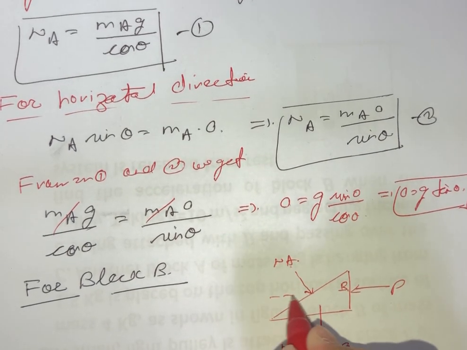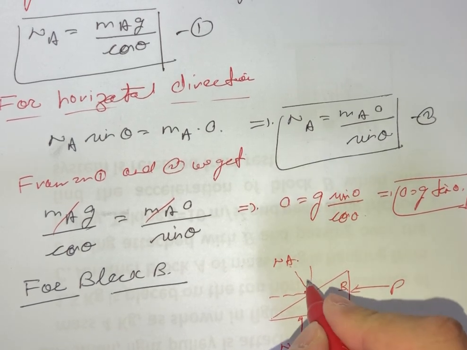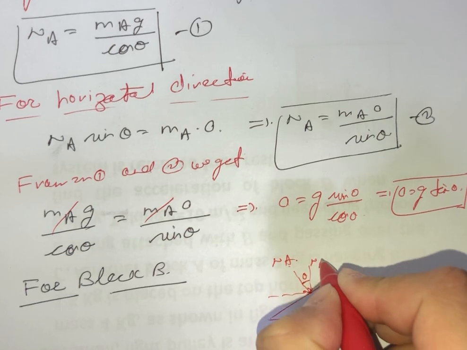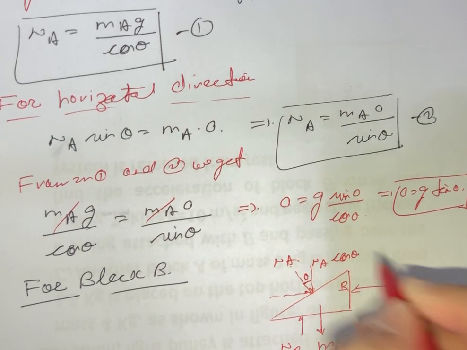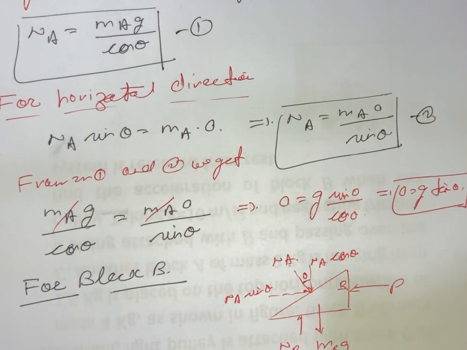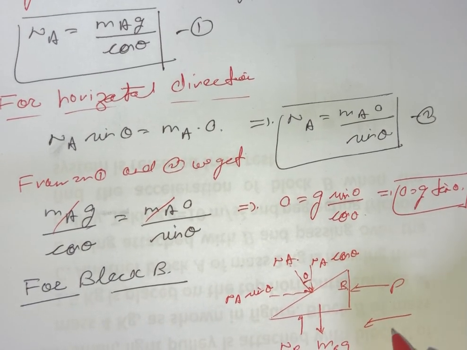So once again we are going to resolve it in 2. So this will be over theta. We get this as NA cos of theta, and this will be NA sin of theta, moving towards left with the acceleration A.